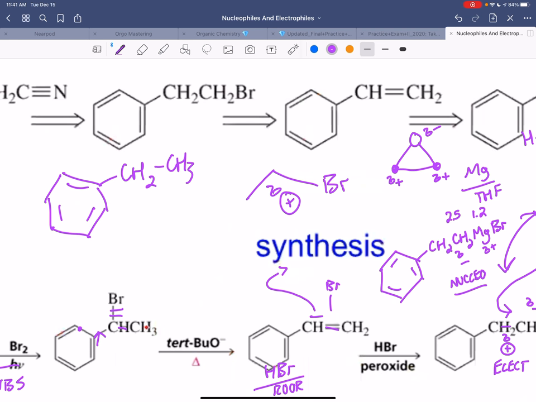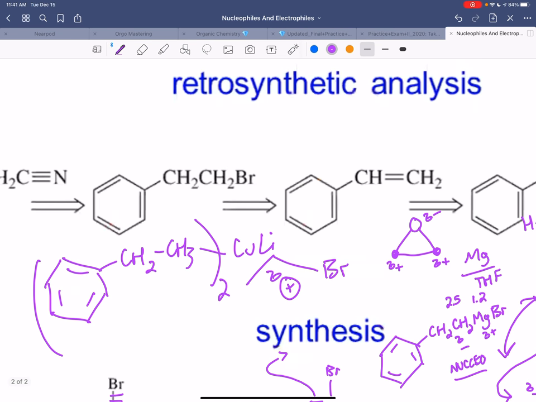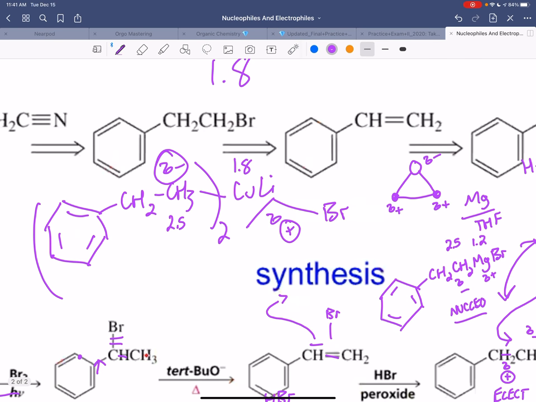But it would take off that bromine. This would be a Gilman reagent, with copper at 1.8 compared to carbon's 2.5. Again, making this carbon a nucleophile, and then you'd be able to come in and add. You could add this, and you could add 4 carbons to your chain, which would start right here.